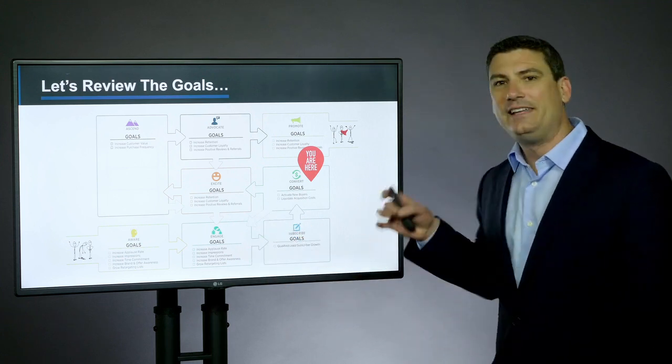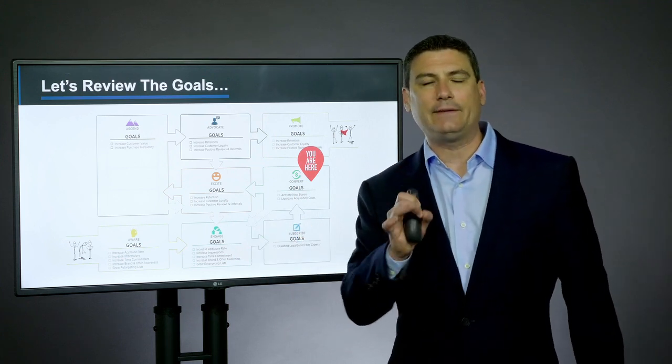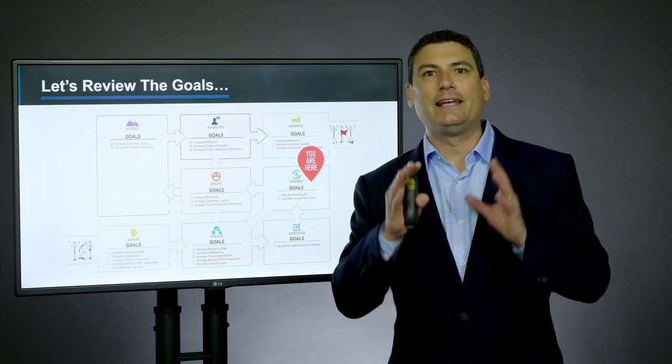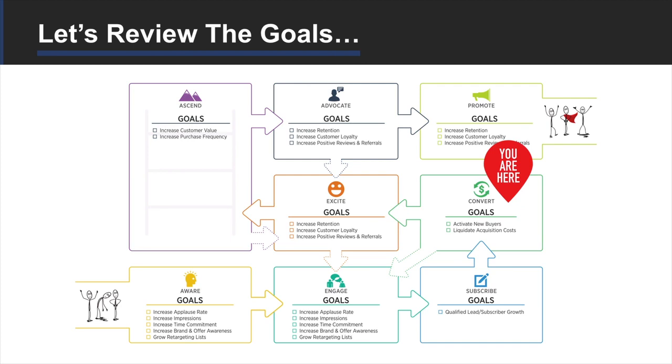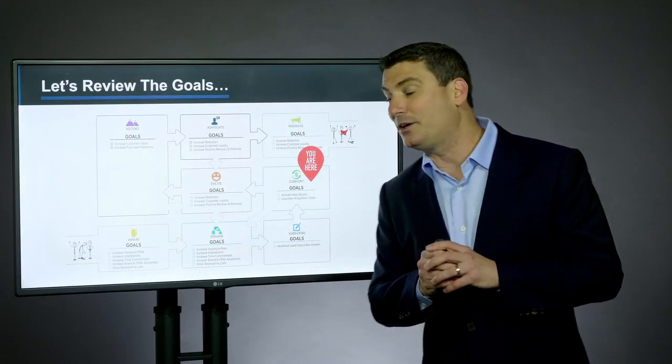The other thing you're going to want to do at the convert stage is liquidate traffic costs, or what we call acquisition costs, most of which is made up of buying traffic. So remember, as we've been going along, you've been looking at different content types and the traffic tactics that are available to you at those stages.